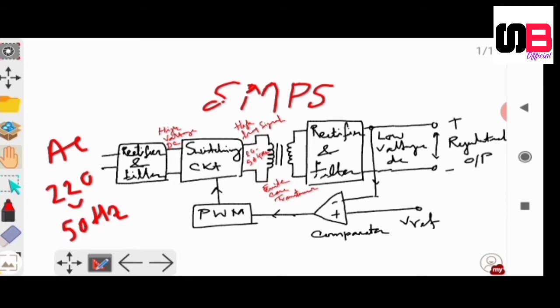But in case of SMPS, there is an essential part of feedback. So, in SMPS, we are giving AC input and we are getting a fixed DC output.